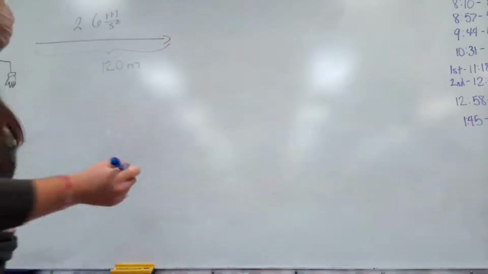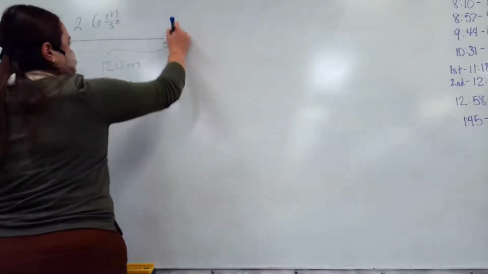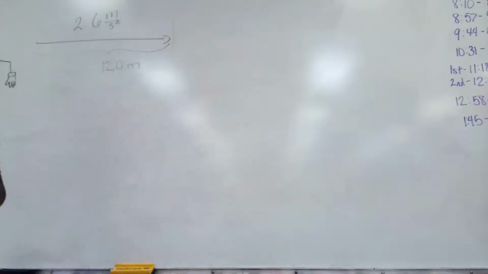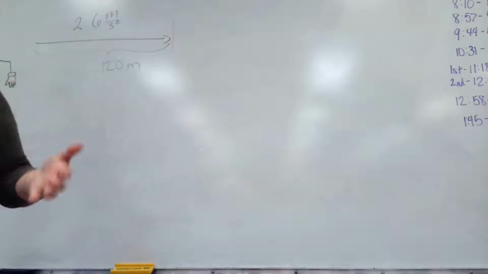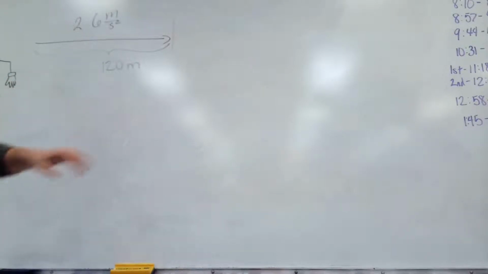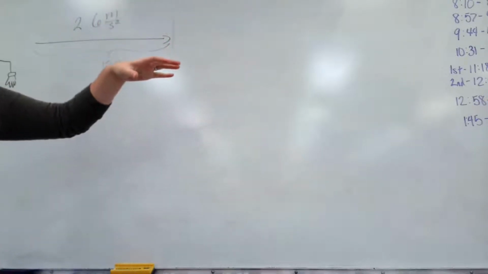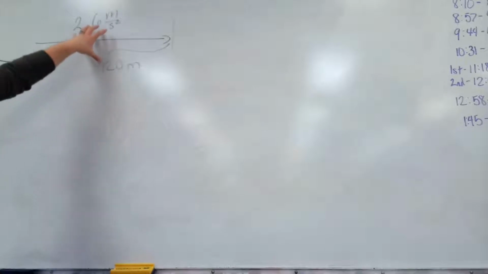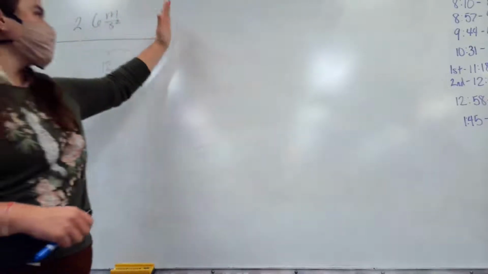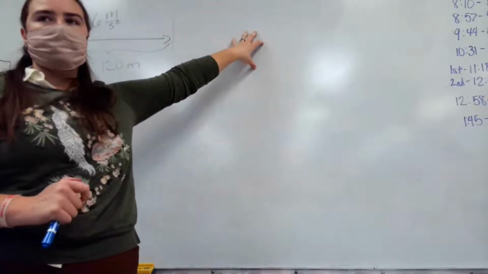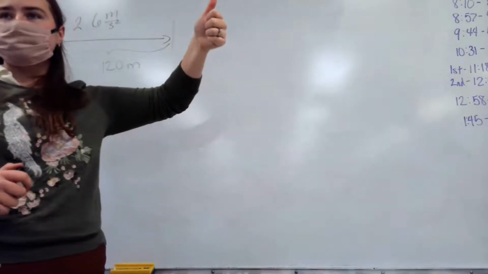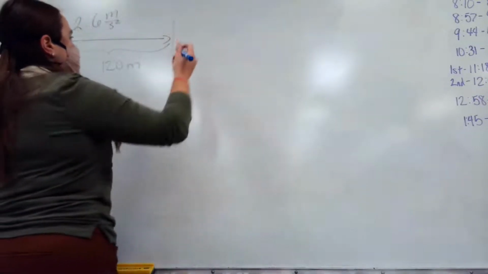And then, at this point here, our motion changes. So we're going to have to treat this as two separate parts, because all of our equations deal with constant acceleration. Here we have a constant acceleration, a sudden change, and another constant acceleration.